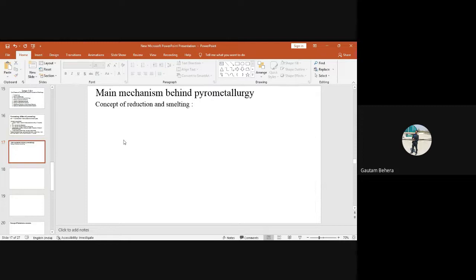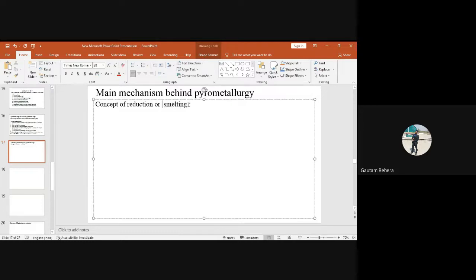So now, the main mechanism behind pyrometallurgy is reduction or smelting. Reduction or smelting. Everybody knows what reduction basically is. In a simple way, I can write: reduction means metal oxide, or metal oxide means this is the ore. Suppose the ore is in the form of oxide.